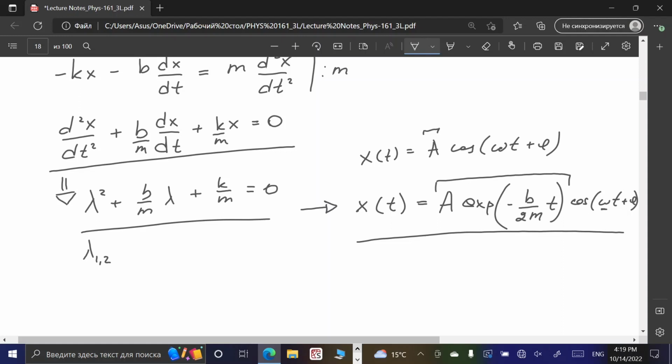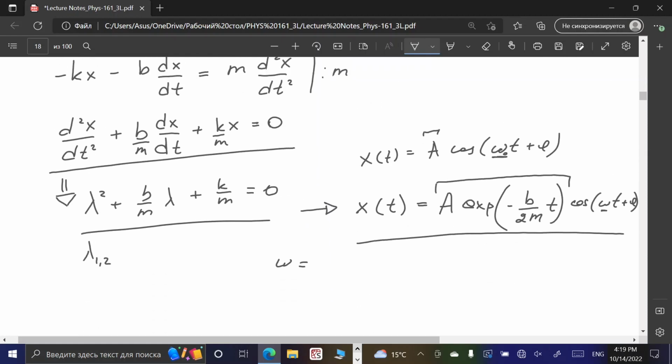And another difference is hidden here: this omega actually is not the same. Let's call the earlier one omega naught, which, as you may remember from previous discussions, was equal to square root of k over m.